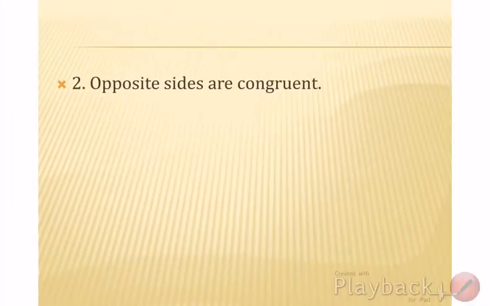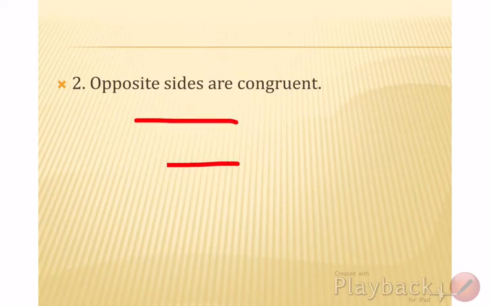Let's go to the next one. Opposite sides are congruent. Okay, that's that. This is this. Looks like a parallelogram. I don't know if you were able to draw something that defeats that definition.